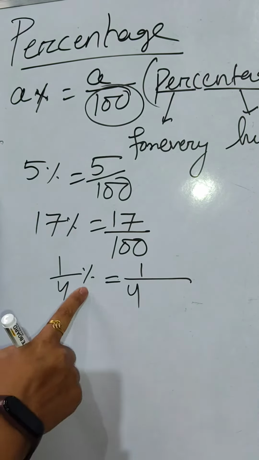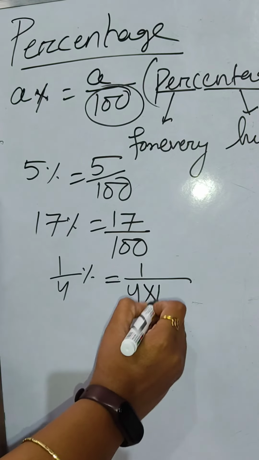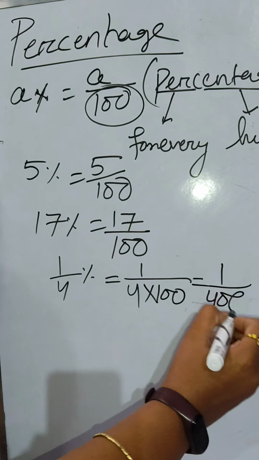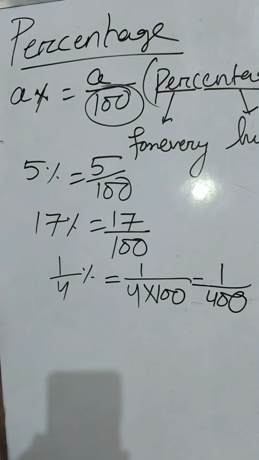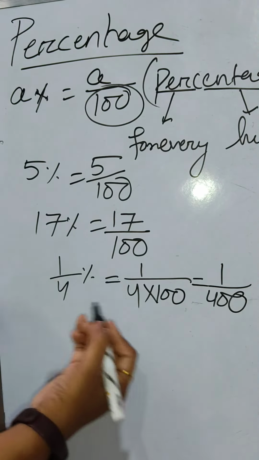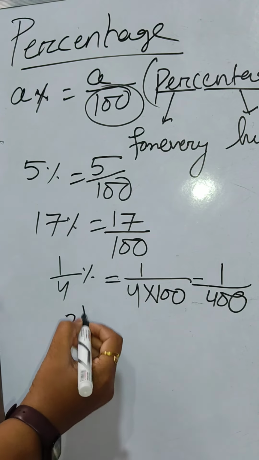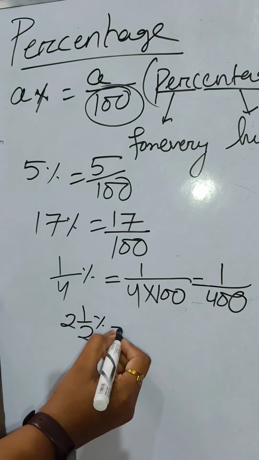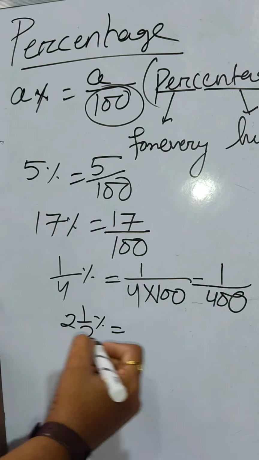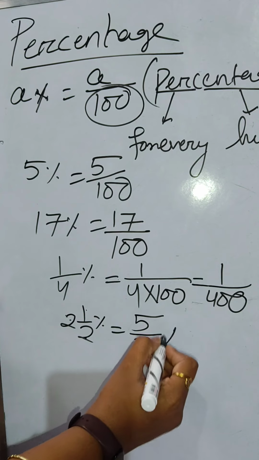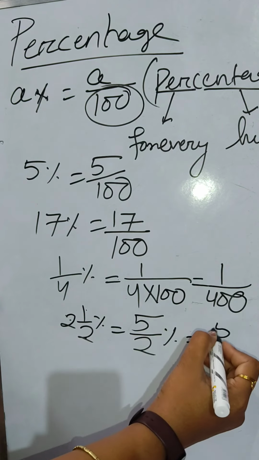Here we are discussing the fraction. So first of all 1 by 4, and you know that percentage means divided by 100. So the answer is 1 by 400. Then the next part is a mixed fraction, 2 whole 1 by 2%. So first of all convert this mixed number to an improper fraction, which is 5 by 2%.